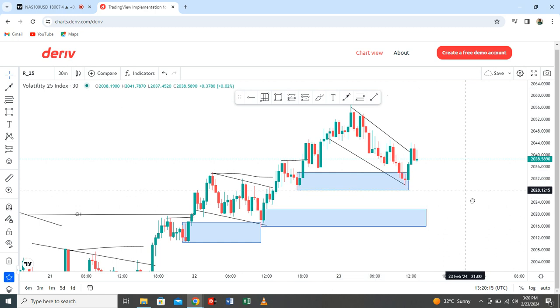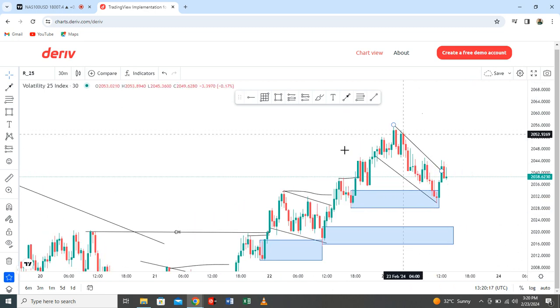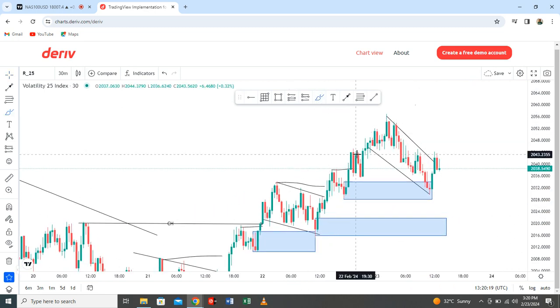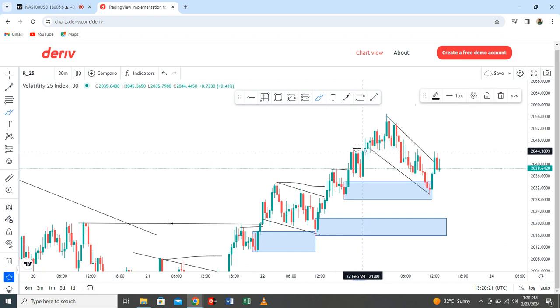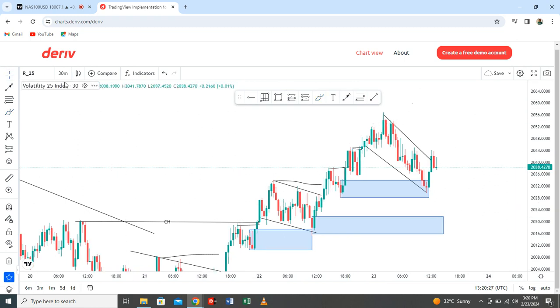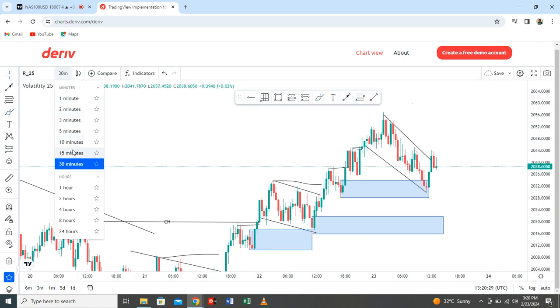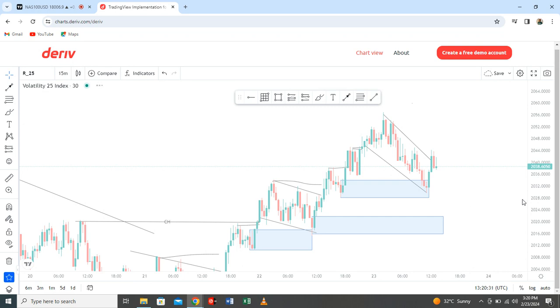Right? So now if I may focus on the current price, remember we had a break of structure again here. If we would continue with this one, I'll try to open my 15 minutes time frame and see what really is going on.